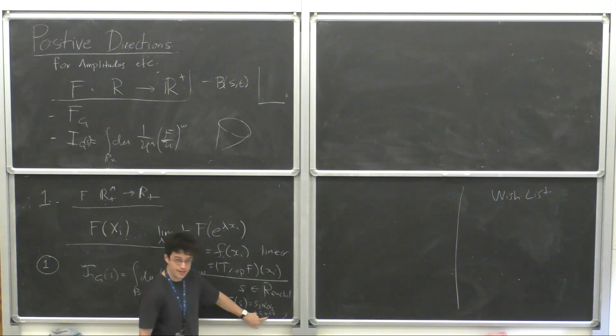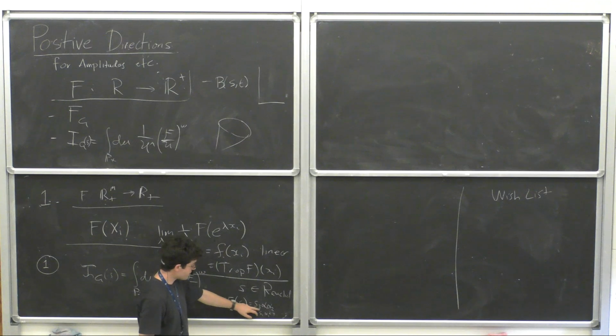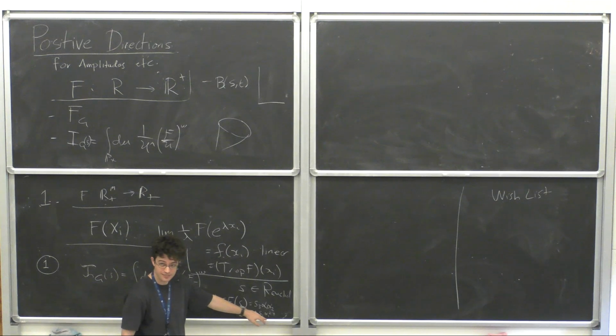And so this is a quadratic form in the alphas, and S is in the Euclidean region if F of S is bigger than 0 for all alpha. In other words, if the quadratic form defined by the S's is positive. So you can already see in this example that that's going to be a curvy thing, right?